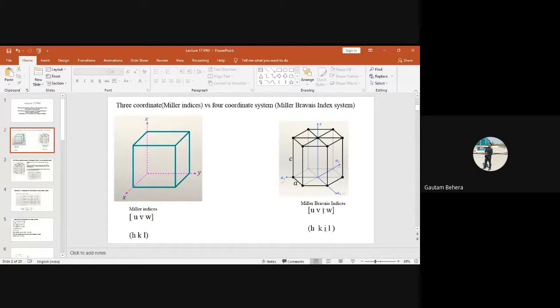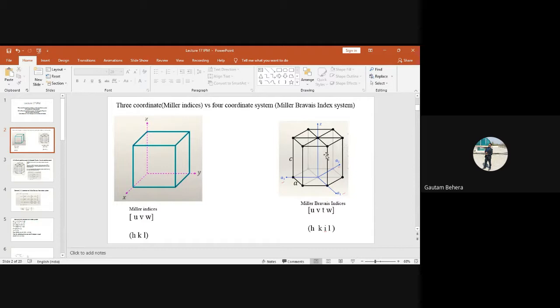This uvtw means, suppose this is the u direction, this is the v direction, this is the w direction, and the t direction will be this one, A3. Again, this is u, this is v, this is w, and this is t. This additional term is coming.